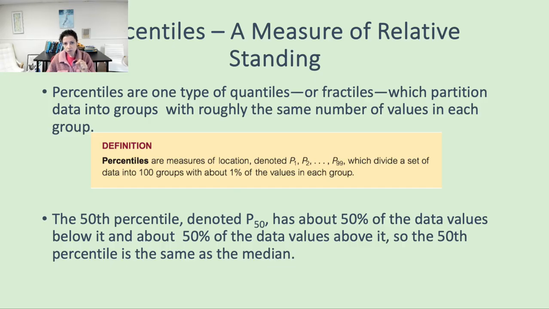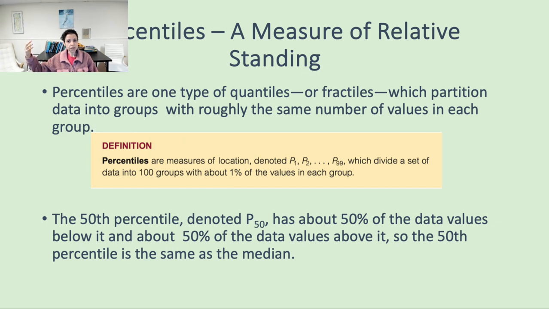We denote the percentiles as capital P sub 1 all the way up to 99. There are 99 percentiles in a data set, dividing it into 100 groups with 1% of the values in each group, and the percentiles are in order of magnitude.